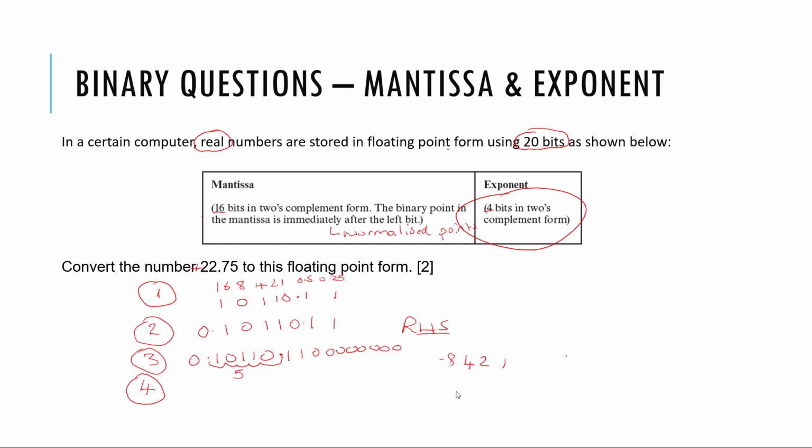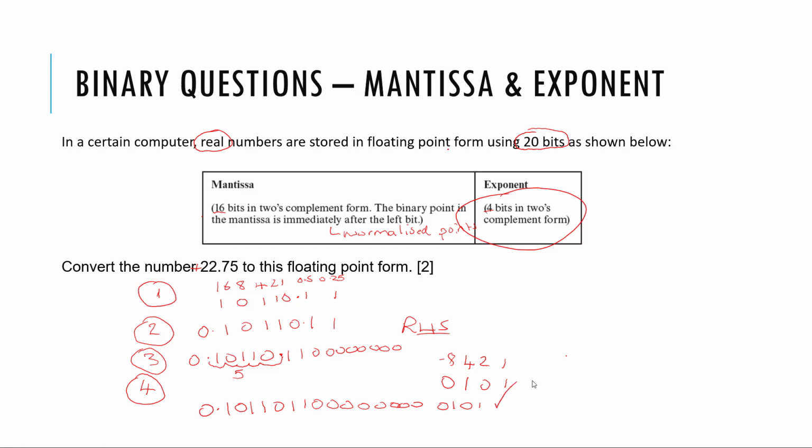That's a minus number because it's in 2's complement form. And I'm representing 5, so it's 0, 1, 0, 1. And if I put these numbers together, put my point there. If you leave your point in, it really doesn't matter. Okay, that's my final answer, and that's all the marks there.